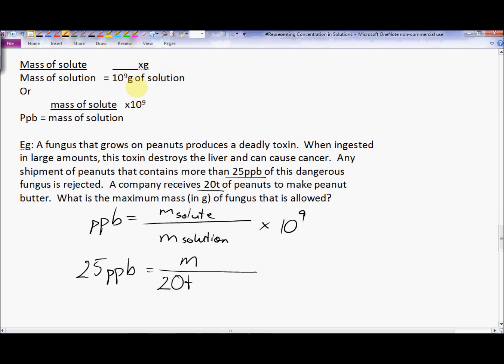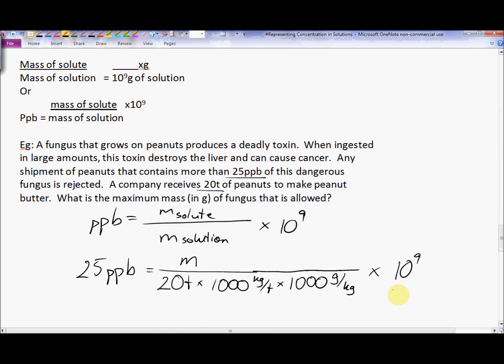So 20 tons times, and I know that there's 1,000 kilograms per ton. And I need it in grams, so I can also multiply by 1,000 grams per kilogram. Then multiply all that by 10 to the power of 9.